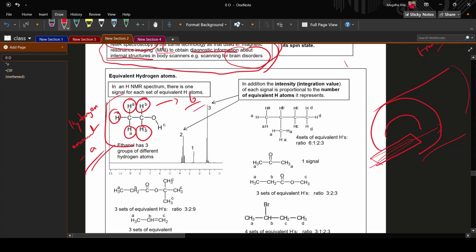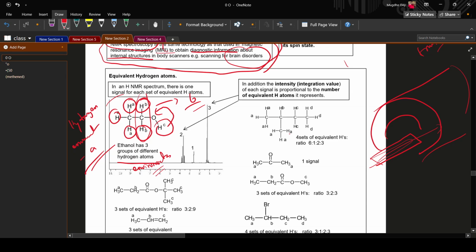And of course we have the last one, our lonely hydrogen environment, which is connected to oxygen. So in total, ethanol has three groups of different hydrogen environments, and depending on that, we will see the peaks in the spectrum. This is a nice example, I believe.